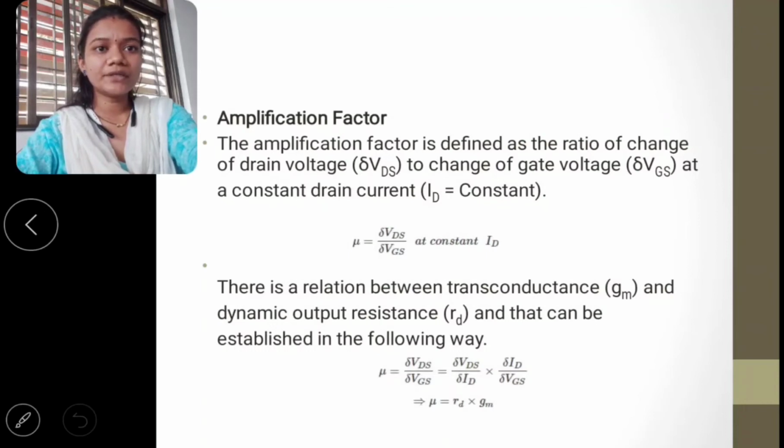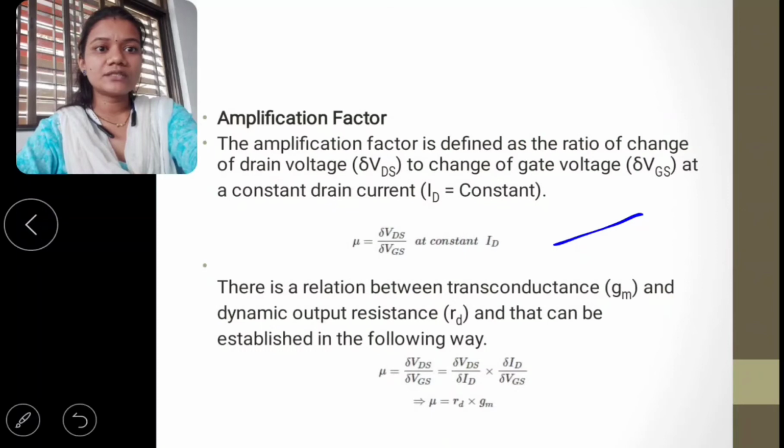Now the third parameter is the amplification factor. What is the definition of amplification factor? The amplification factor is defined as the ratio of change of drain voltage, that is VDS, to the change of gate voltage, which is VGS, at a constant ID, meaning drain current. There is a relation between transconductance gm and the dynamic output resistance rd.